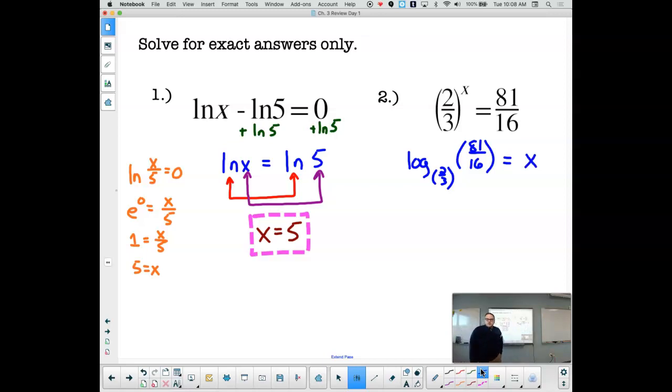And then I could use change of base formula, log of 81/16 divided by log of 2/3. Or if I had a fancy dancy calculator that allowed me to type right in what the log base 2/3 of 81/16 is, we would get -4 equals x.